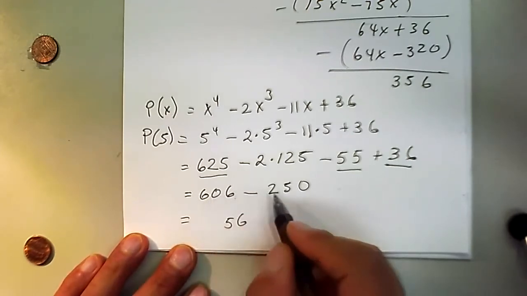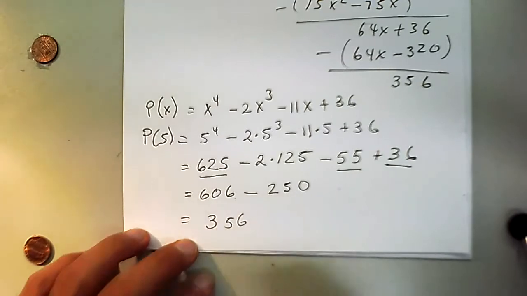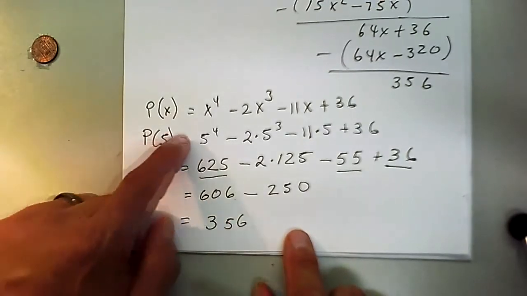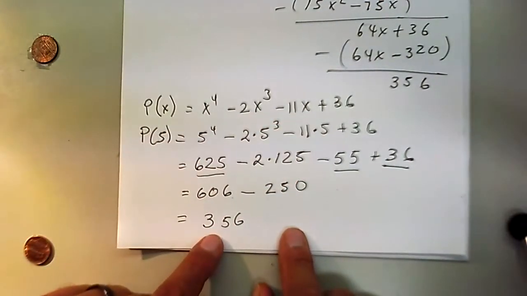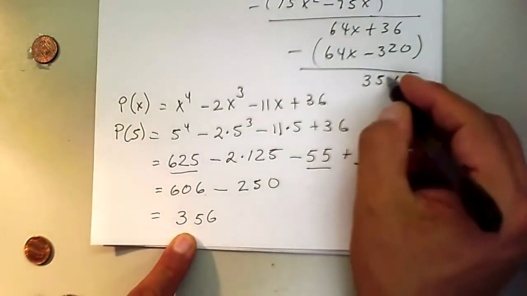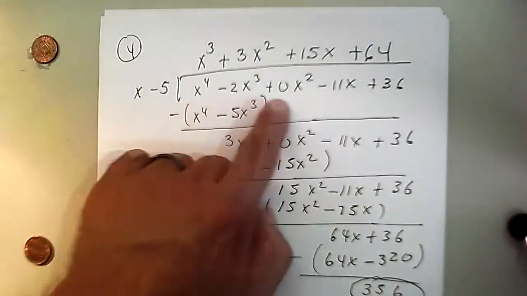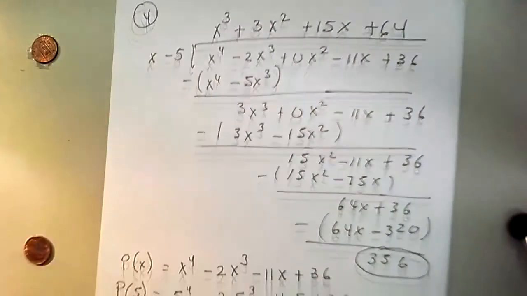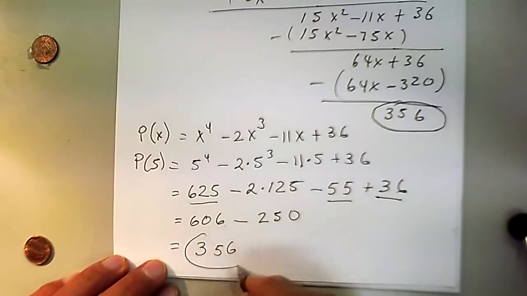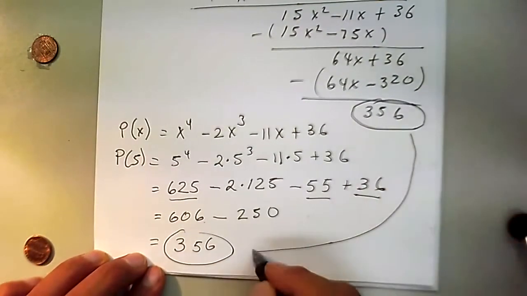So now we got 5 minus 2, 3. So if we plug in 5 in this polynomial, we get 356, which is exactly the remainder of dividing that same polynomial by x minus 5. Isn't that wild?